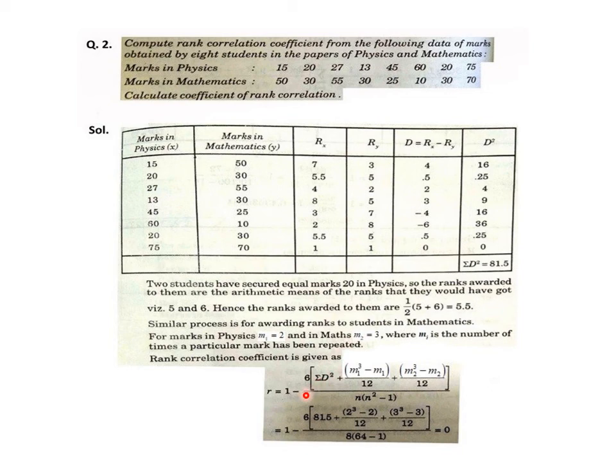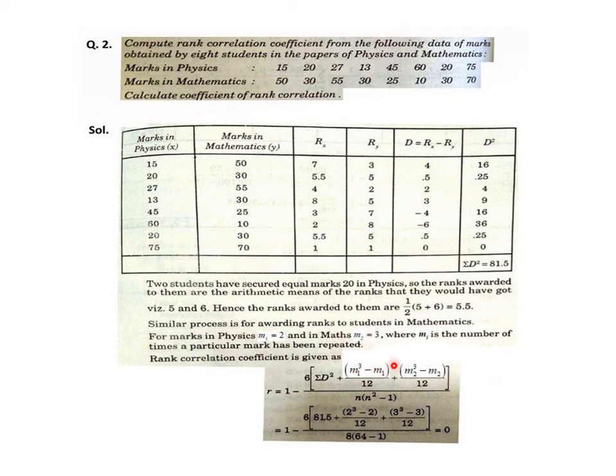In the formula, there is a slight change. 1 minus 6 over n into n square minus 1 is okay. We have to add certain values with sigma D square. 6 is not multiplied with sigma D square only; 6 is multiplied with that whole expression. Remember that. So sigma D square plus, as M1 and M2 are two constants which we have to include here, we have to add terms of M cube minus M upon 12 type for all values of M. So M1 and M2 are two values there.